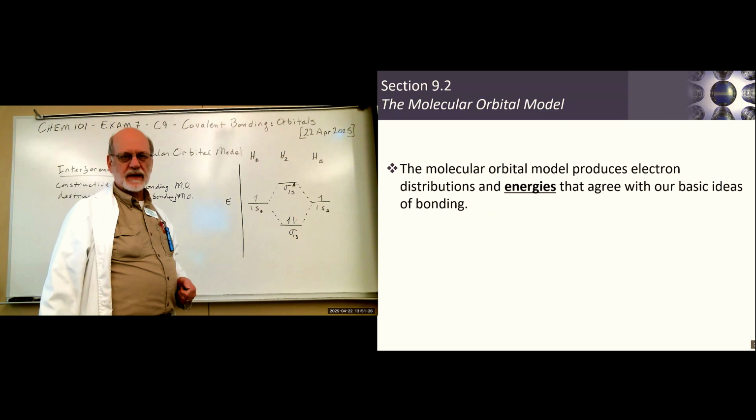So the molecular orbital model produces electron distributions and energies that do agree with our basic ideas of bonding. If we were to draw this molecule before we had any introduction to molecular orbital theory, we would say we can only form one bond, because we have one electron here, one electron here. One forms a sigma. So we're still in agreement with everything we knew before molecular orbitals were introduced.